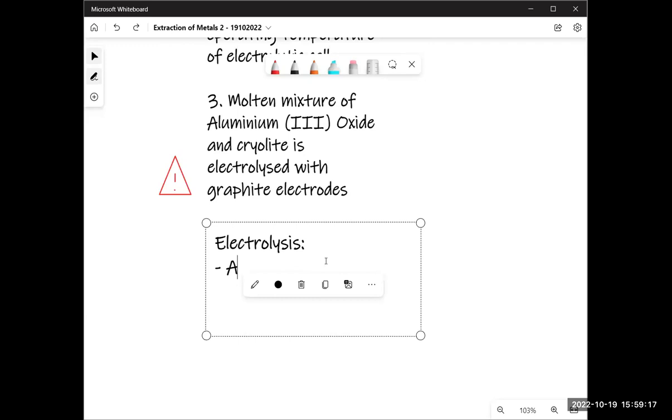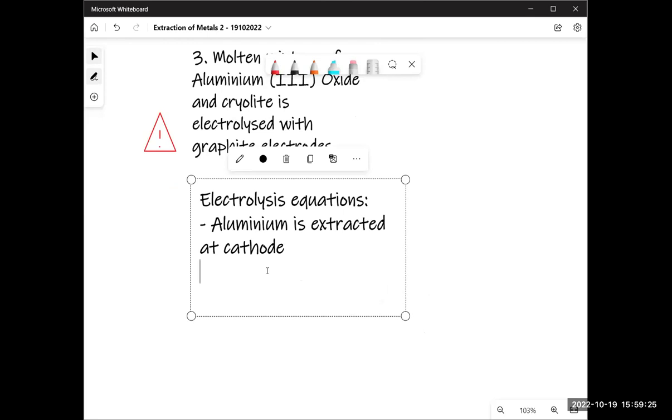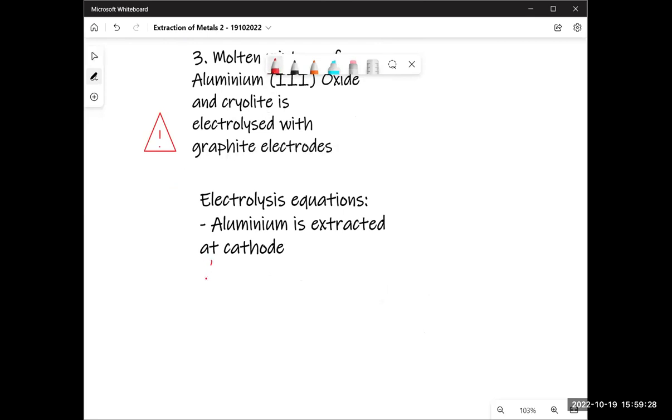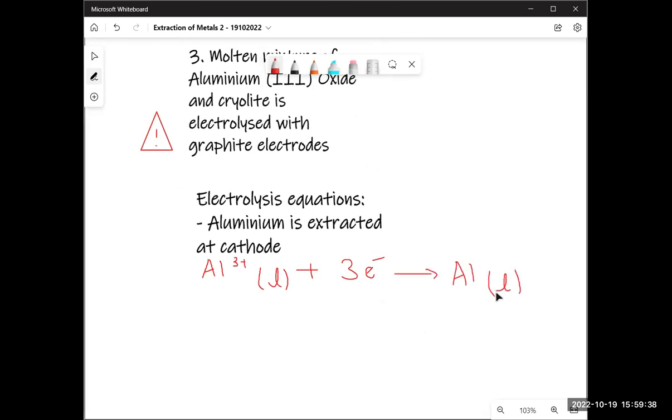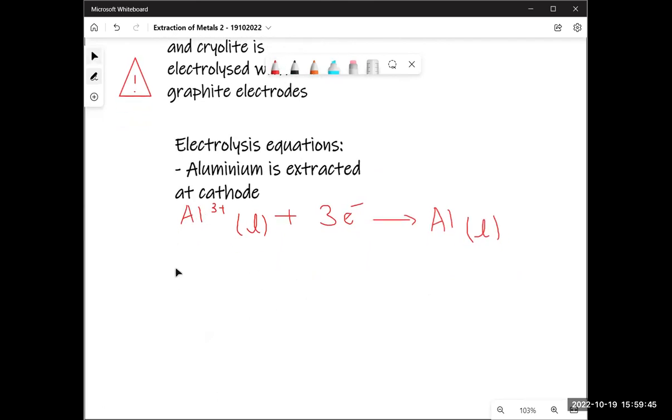Aluminium is extracted at the cathode. You know that. The equation for this is Al3+ liquid plus 3 electrons gives us Al liquid. Write this properly.